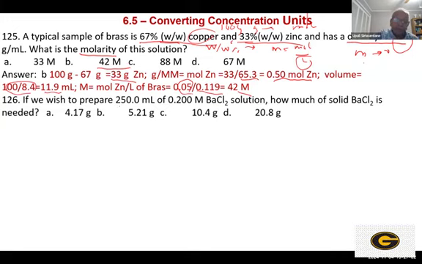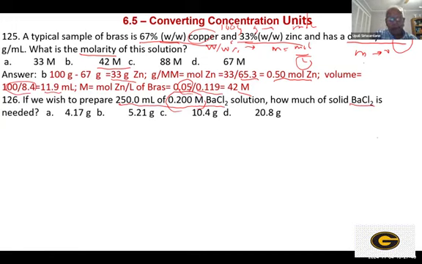If you wish to prepare 250 milliliter barium chloride with this molarity, how much barium chloride is needed? Total volume is 250. So you can calculate from the molarity number of moles of barium chloride.